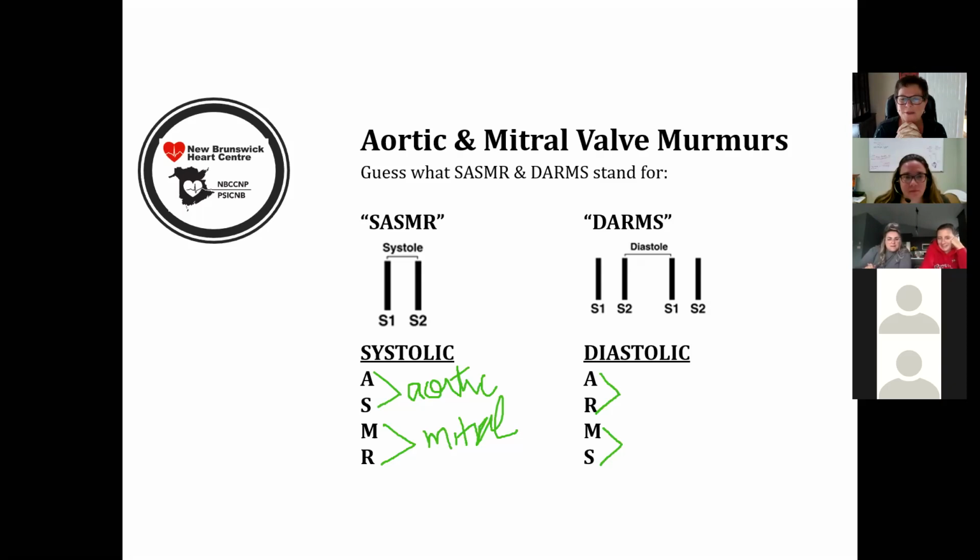So, anybody want to be brave and type in the diastolic murmurs that might happen on the right side? So aortic and pulmonic open and close together. Mitral and tricuspid open and close together.